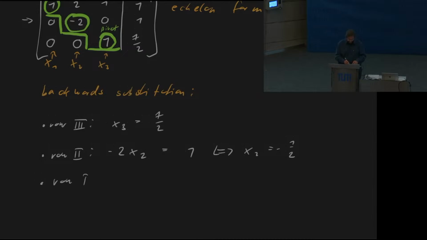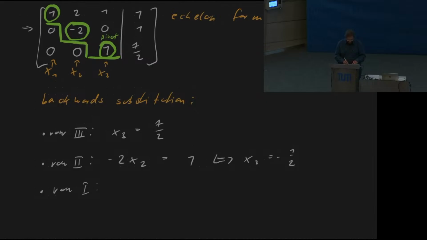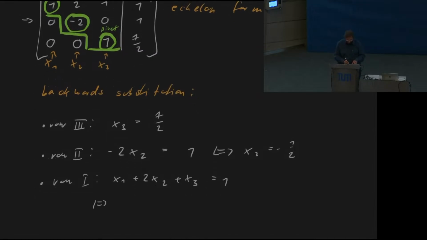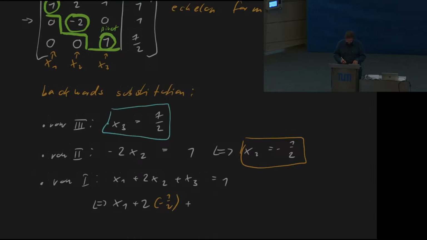And finally, from row 1, we get x1 plus 2x2 plus x3 is 1. We already know the values of x2 and x3, so we can just substitute those in here. That's x1 plus, x2 is minus 1/2, so we get 2 times minus 1/2 plus, and then x3 is 7/2.